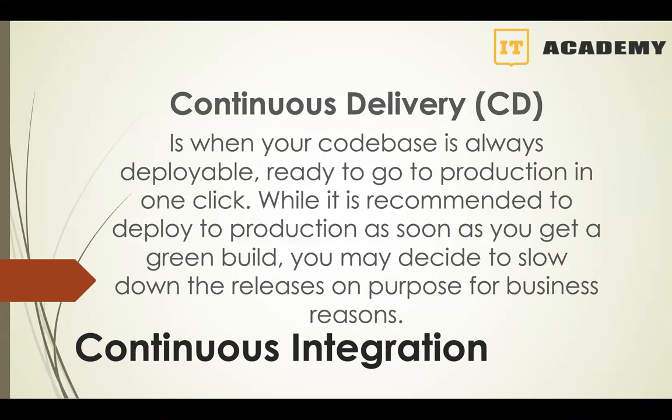While it is recommended to deploy to production as soon as you get a green build, meaning all the tests and checks have passed, you may decide to slow down the releases on purpose for business reasons. For example, if you don't want to deliver features to customers every day or every 2 days, you can create a schedule and the code will be pushed automatically to production.